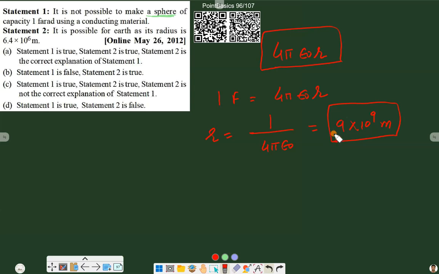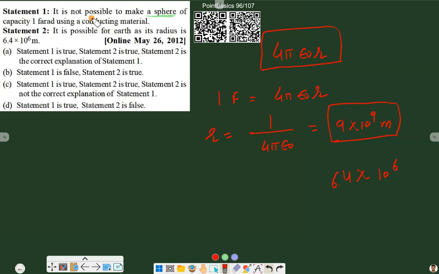So for a spherical capacitor to have a capacitance of 1 farad, its radius must be equal to or larger than 9 into 10 raised to power 9 meter, and the radius of Earth mentioned in the second statement is 6.4 into 10 raised to power 6, which is 3 orders smaller, meaning 1000 times smaller as compared to the radius of the hypothetical sphere which has 1 farad capacitance.